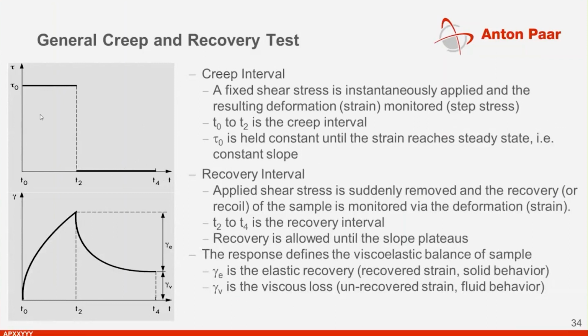So between T0 and T2 is the creep interval, and between T2 and T4 is our recovery step. This is a single cycle, the same as we are using in the MSCR test. The applied shear stress is removed in this part, and we are measuring the recoil of this sample via the deformation of this interval.